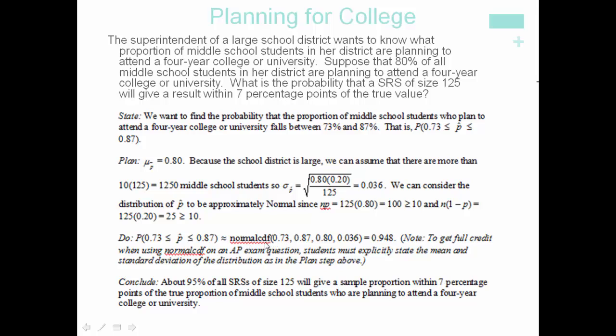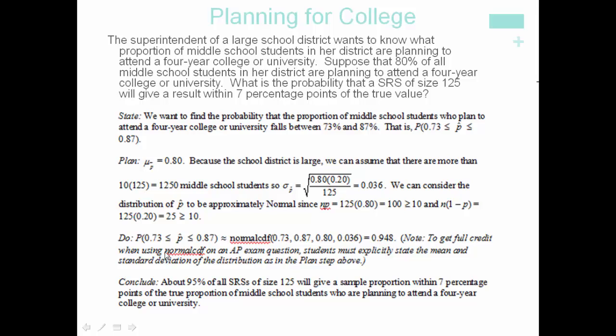We put in normal CDF 0.73, 0.87, then we put in our p, which is 0.80, and then 0.036, which is the standard deviation. So this is the sample mean, this is the population proportion mean, this is the population proportion standard deviation. So our answer is 0.948.